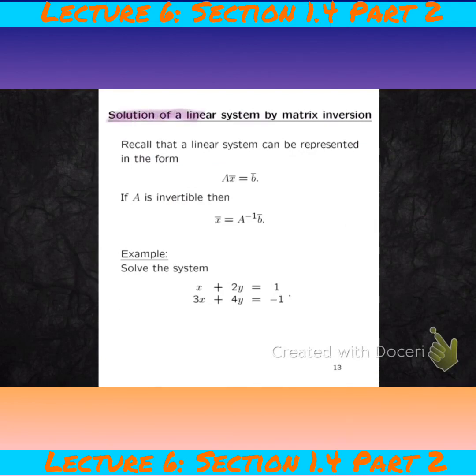Okay, it turns out the inverse can help us a little bit solving linear systems. So the next topic is solutions to linear systems with matrix inversion. Recall that a linear system can be represented in this form.